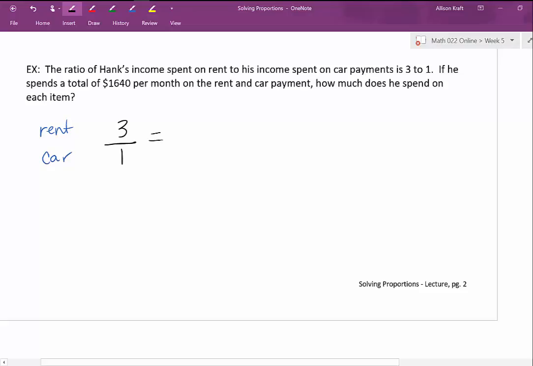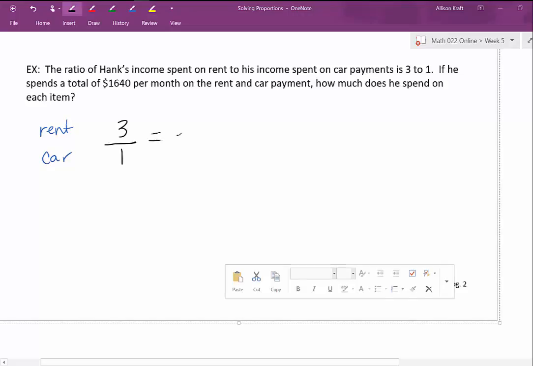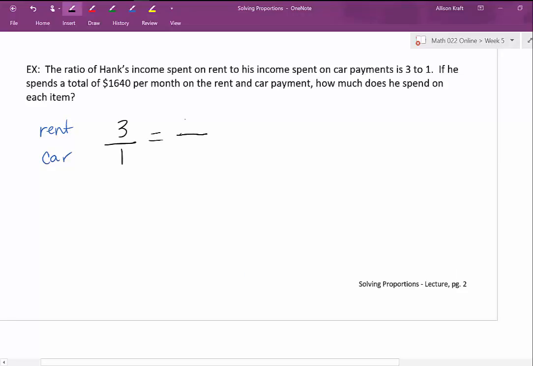We're told that he spends a total of $1,640 per month on the rent and car payment. But that's all the information we're given. Do they tell us exactly how much he spends in rent each month? No, they don't. So I'm going to call that x, my variable. They do, however, give me the total amount spent on rent and car payment. That total amount is $1,640.